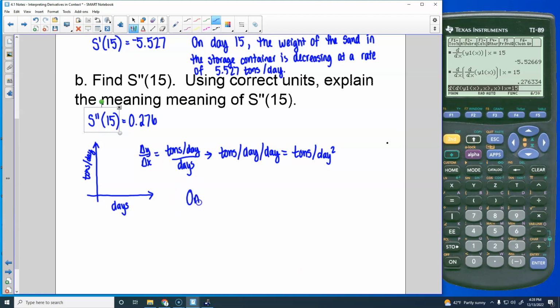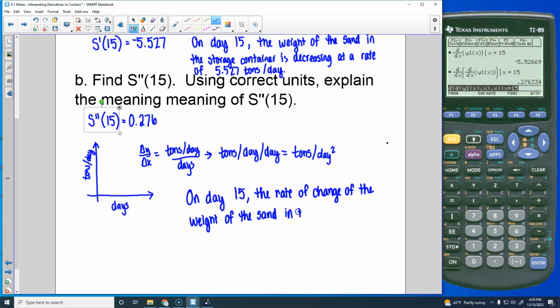So we're going to say on day 15, okay, the rate of change of the weight of the sand in the container is, and this time we'll say it's increasing at a rate of 0.276 tons per day per day.